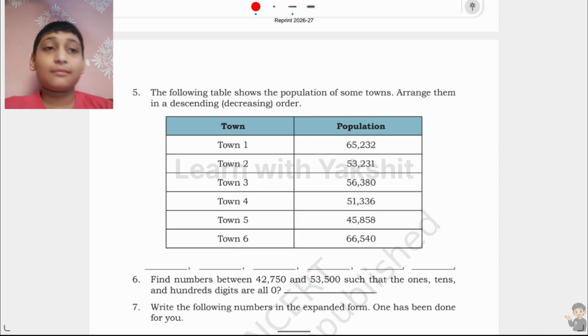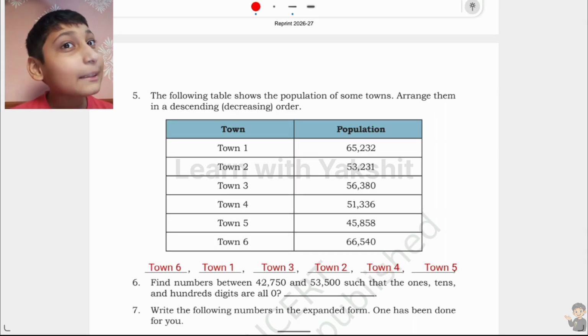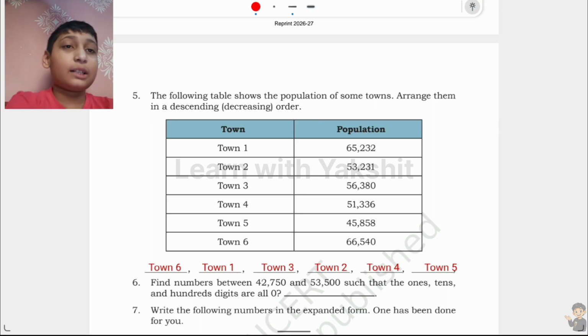I could do it with color coding, but I can also do it by snapping. Don't assume this is ascending order. This is decreasing every time. The first one is the biggest.